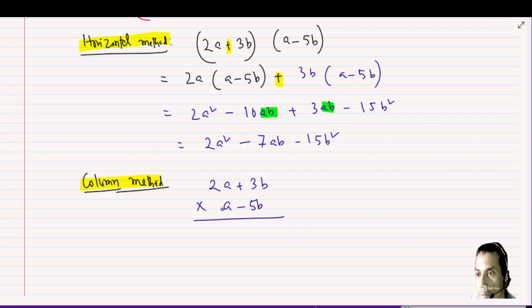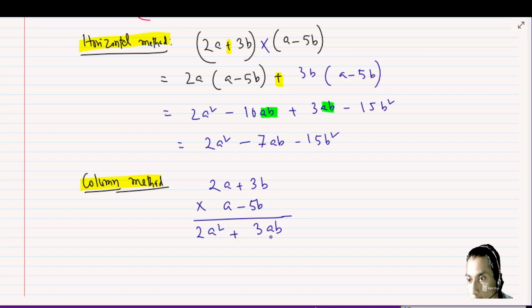It is the multiplication. Okay, we've done it. Clear? Then what you have to do? You multiply 2a plus 3b with a. Then it will be 2a square plus 3ab.